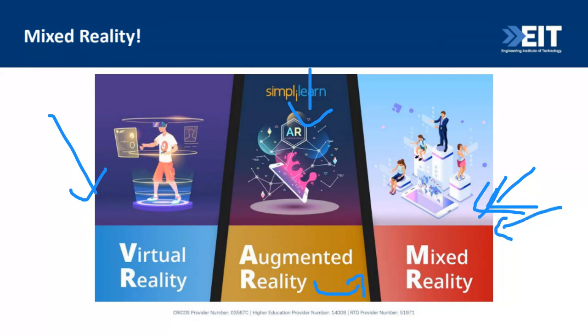So that's why I mean that mixed reality will be an extension, or a progress, of augmented reality, because it's getting the best of both worlds. This is interacting with the physical layer, but at the same time the physical and virtual world are also interacting. So that's what mixed reality is.